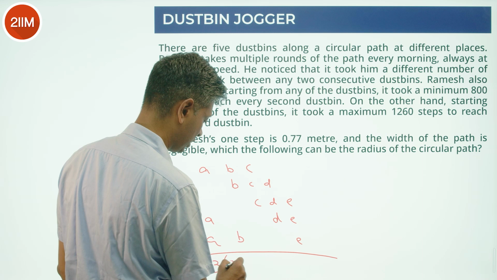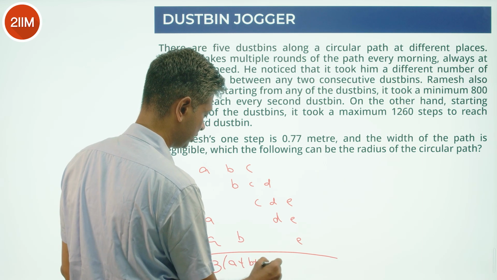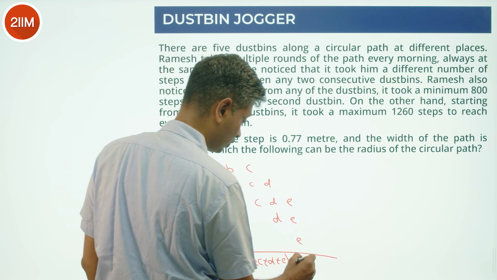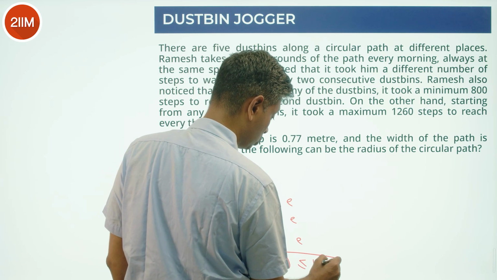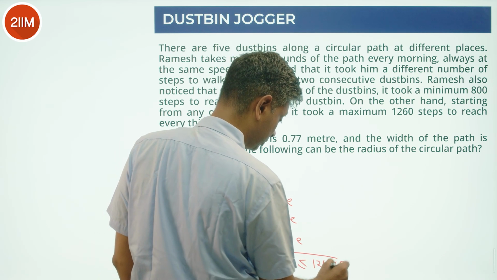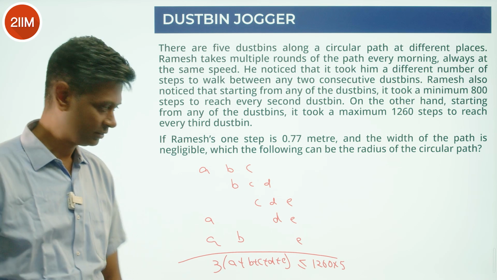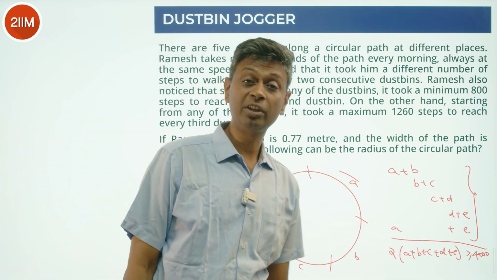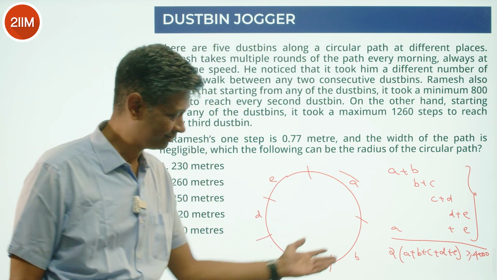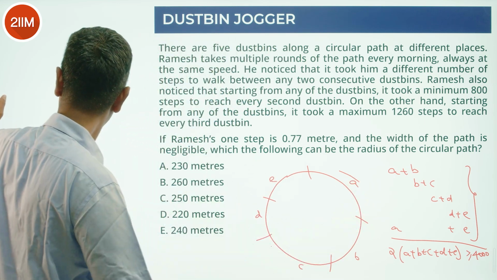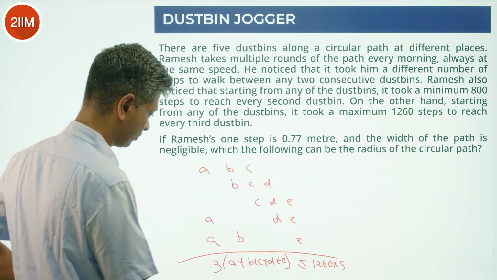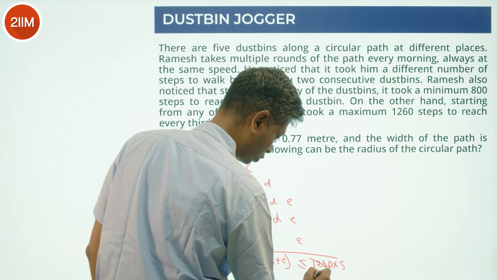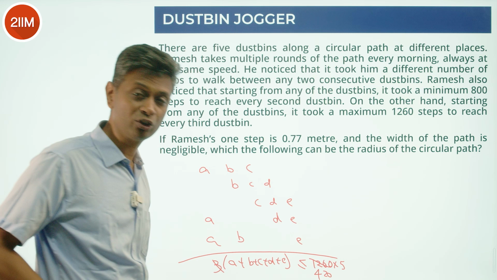I'll get 3 times A plus B plus C plus D plus E is less than or equal to 1260 into 5. A plus B plus C plus D plus E is greater than or equal to 2000. 2 cancel. Oopsie. I divide this by this, it's 420. 420 into 5 is 2100.